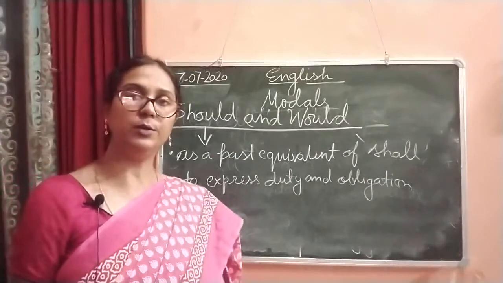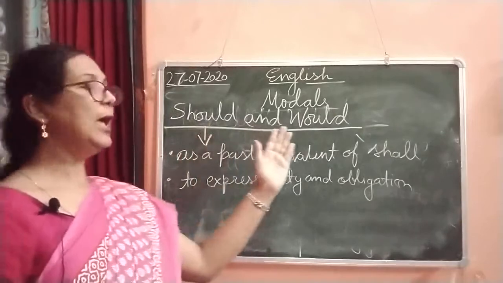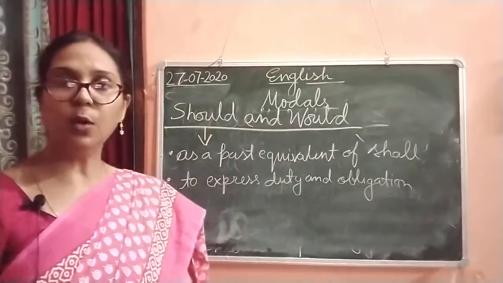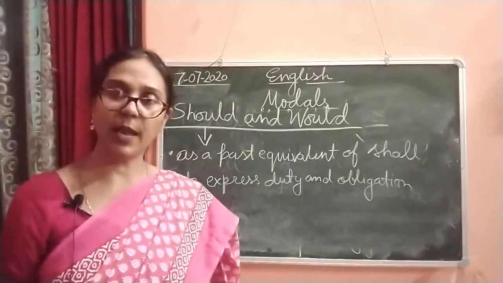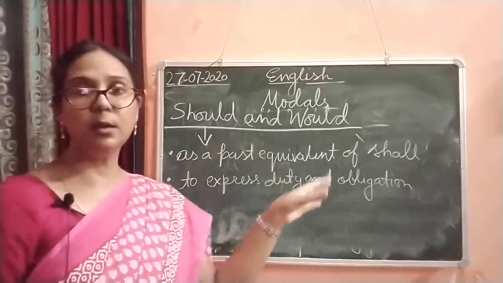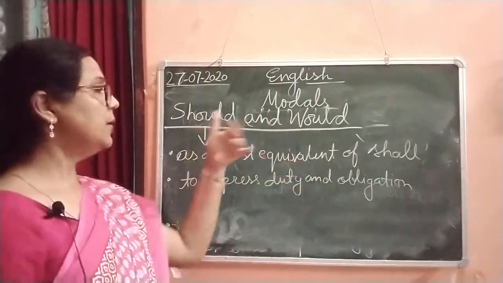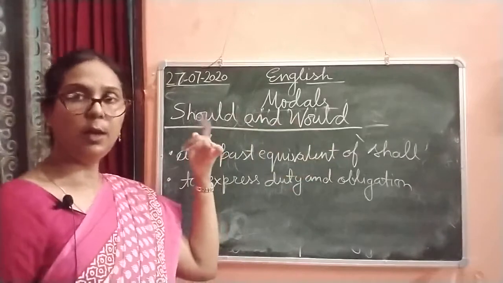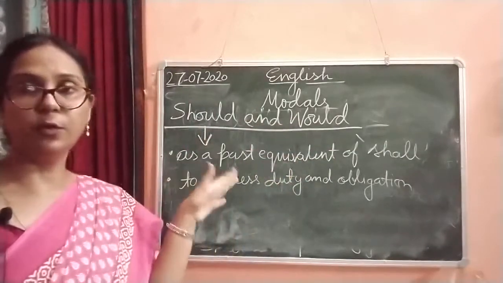Now we are going to start learning use of should and would. As you all know, these are the past equivalents of shall or will. So in the past equivalent, if we are writing shall, its past tense is should. If we are writing will, the past tense of will is would.